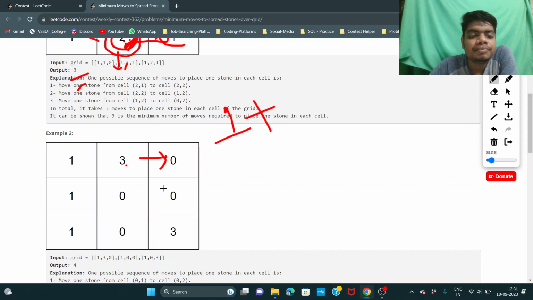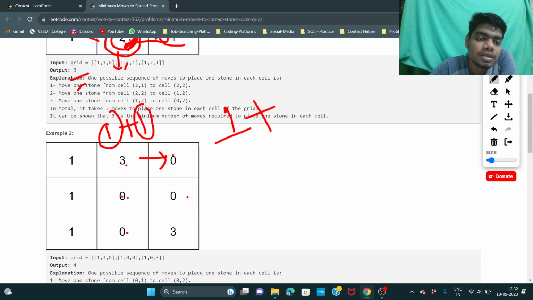So for that, here we have two extra stones, let's suppose, and this stone can go to this place, this place, this place. So we have four possibilities, right?